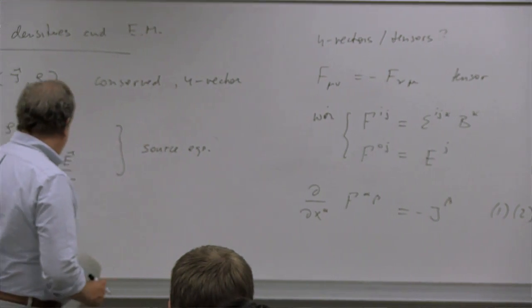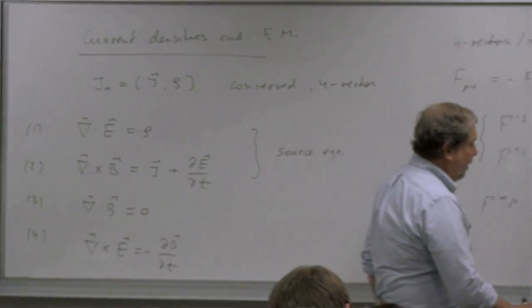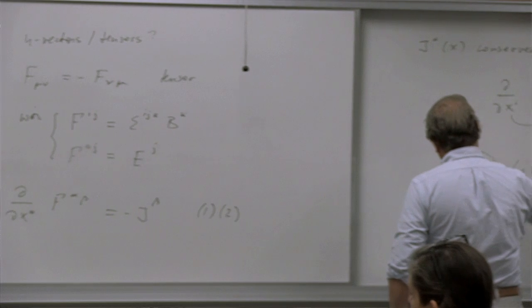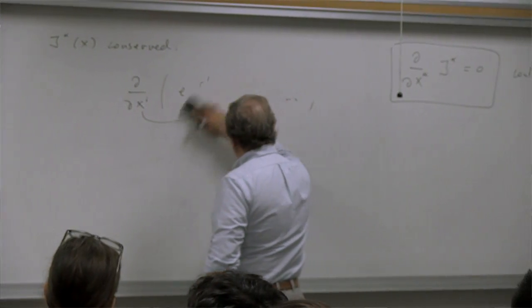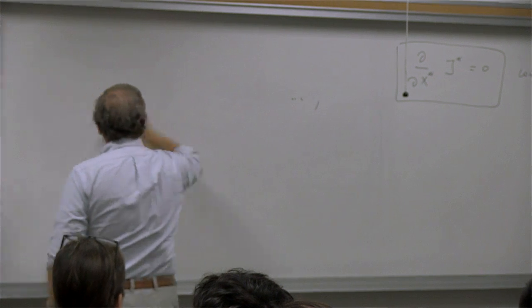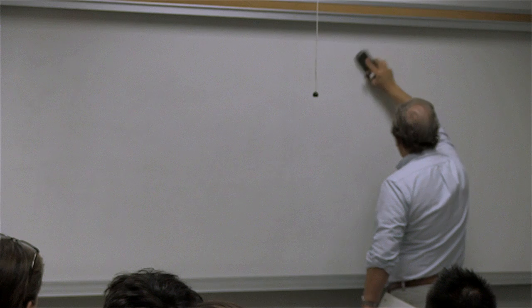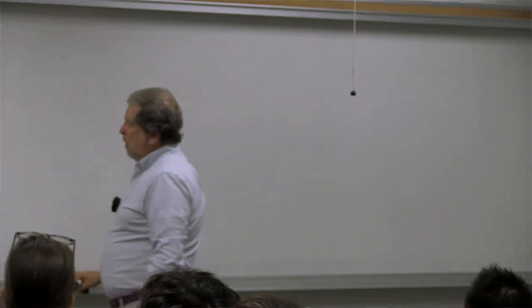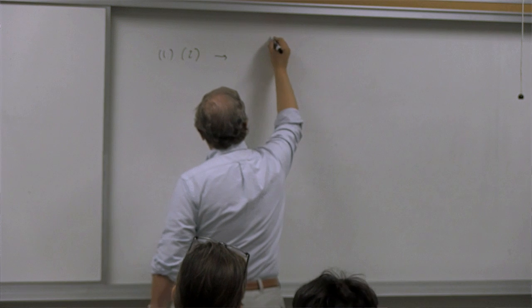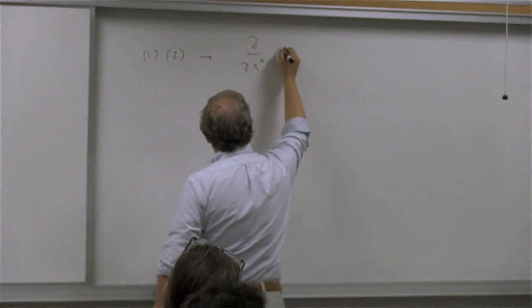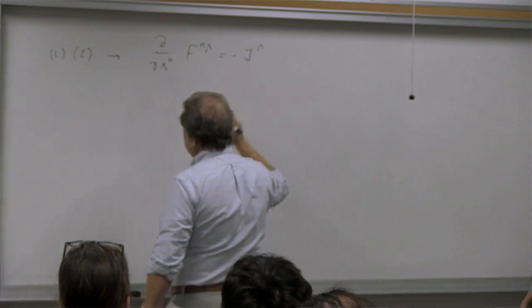So these are the source equations. And what about these other equations here? So let me write it out over on this side. So 1 and 2 give d by dx^alpha of F^{alpha beta} is equal to minus j^beta.